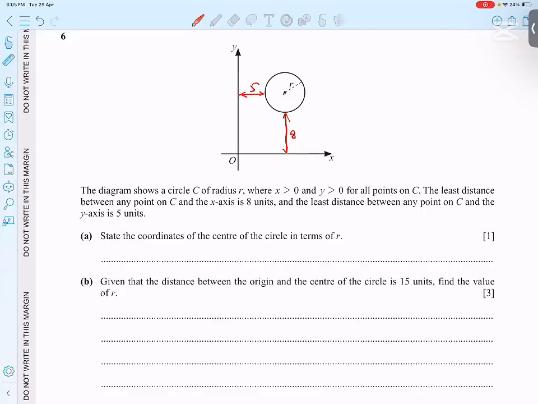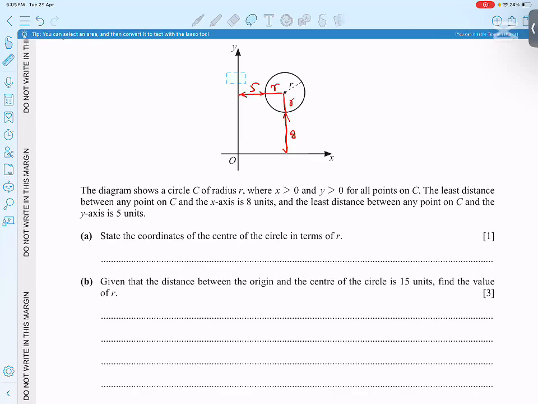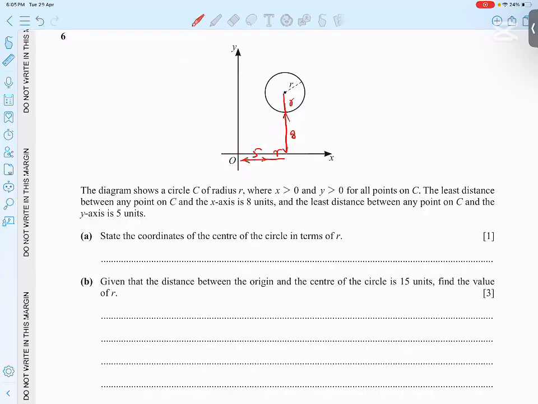Now this is a radius. If I drag this part below, it becomes the same. So the center of circle becomes R plus 5 and R plus 8.